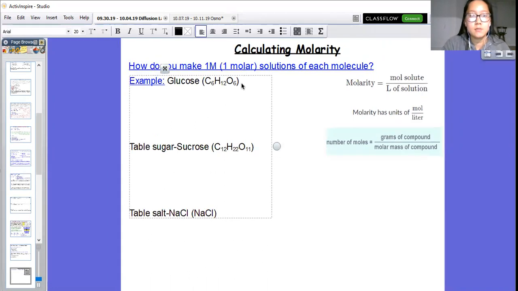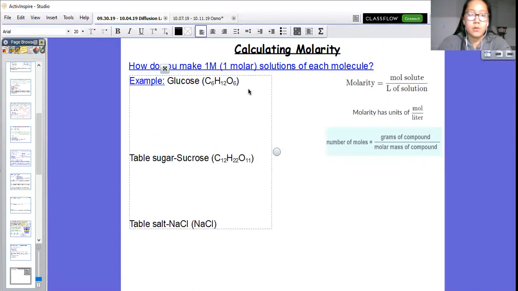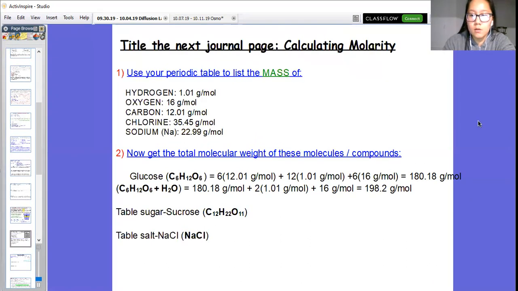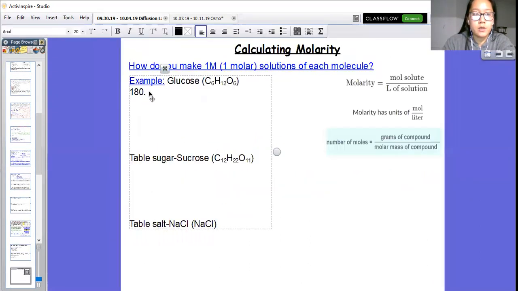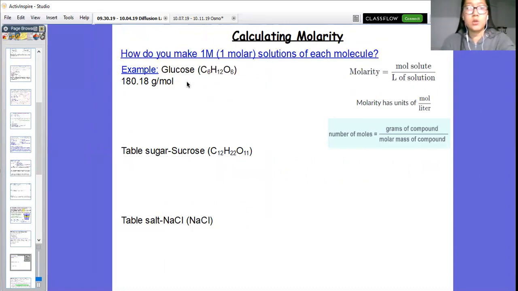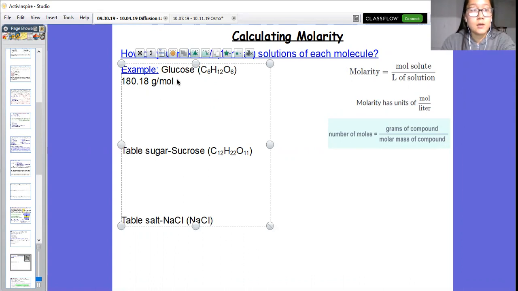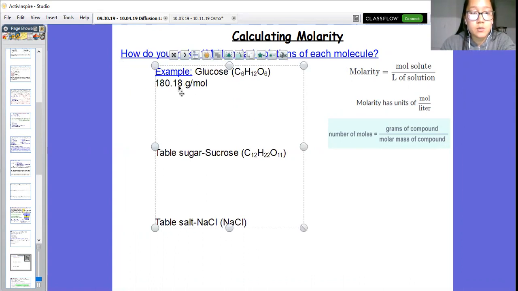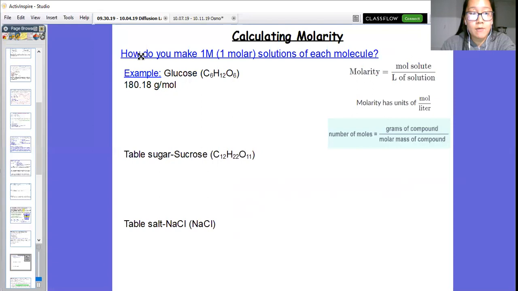And we know that for glucose, for example, the molar mass is 180.18, my bad. So we know that it's 180.18 grams per mole. You want 1 mole because you want a 1 molar solution. If you get 180.18 grams of glucose, then you're going to have exactly 1 mole.